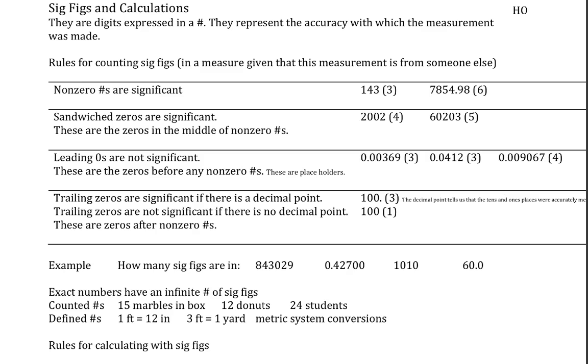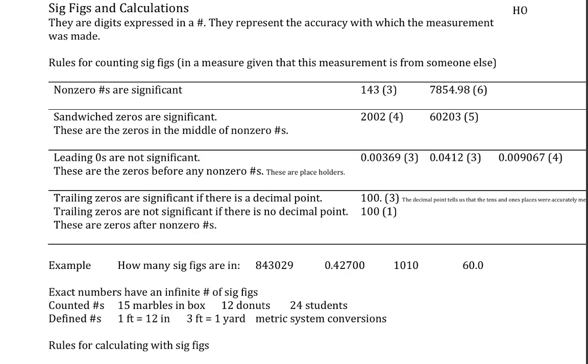And when we are not the one making the measurement, we're the one receiving the measured value, we look at the number, of course, to see how big it is, what the units are, etc., but also to get a sense of how accurately that measurement was made. So we have rules for looking at a number and determining its accuracy by determining its number of sig figs.